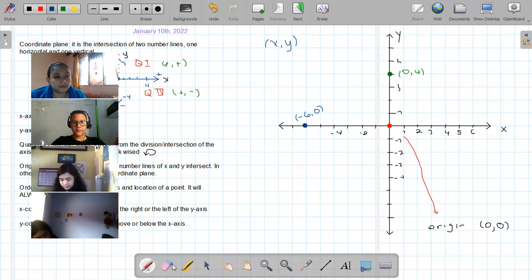Let's do another one. Let's say, for example, that point. What order pair is that?